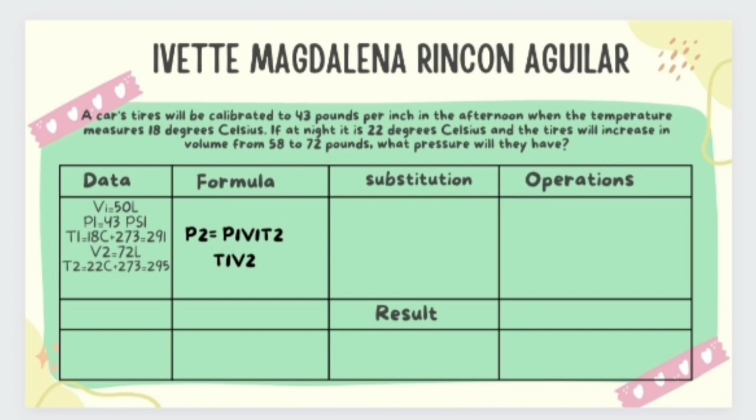The formula we will use is final pressure equal to initial pressure times initial volume times final temperature divided by initial temperature times final volume.